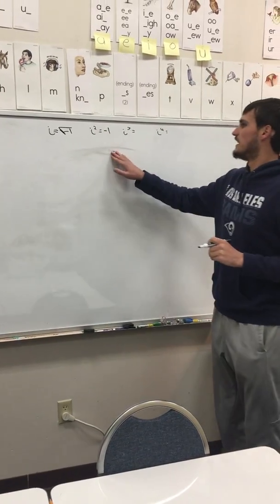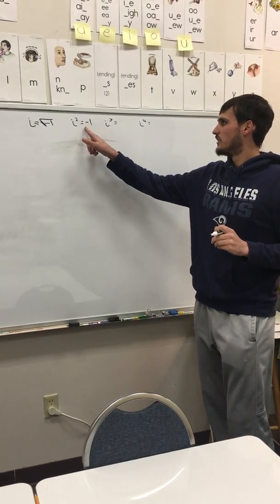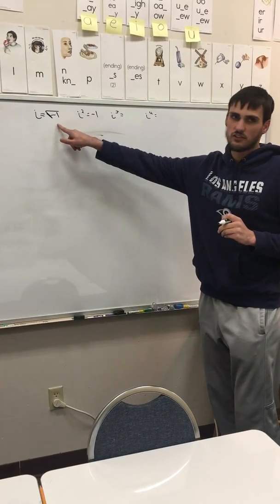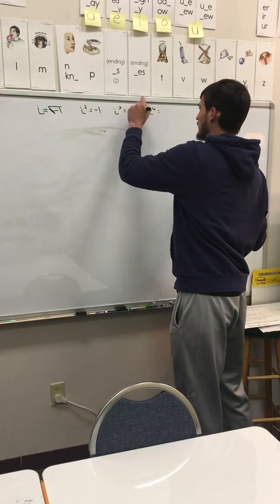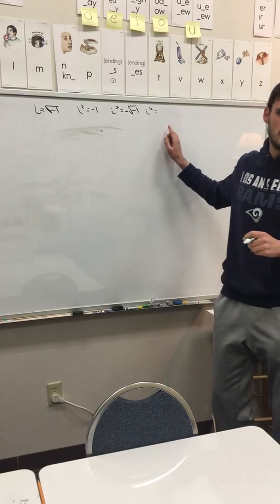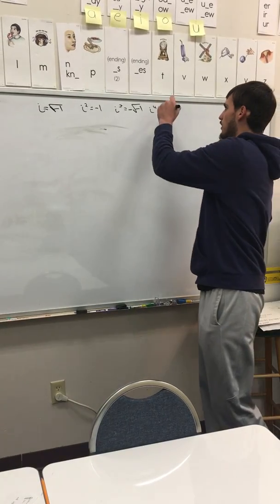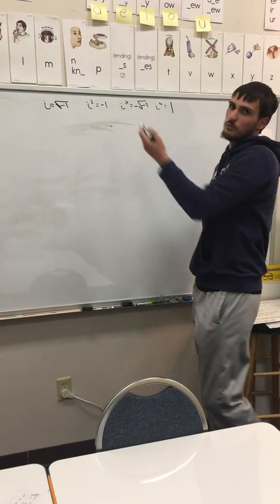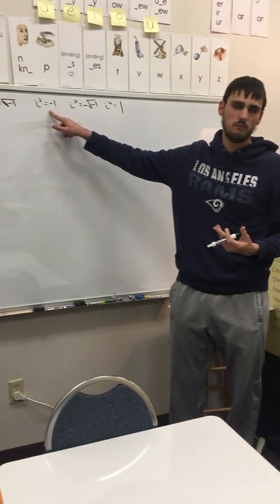All right, and then i to the third will be this times another square root of -1. So what's that going to be? Good, negative square root of -1. i to the fourth? Yep, it'll be +1. You can break it down as i squared times i squared. What's -1 times -1? 1.